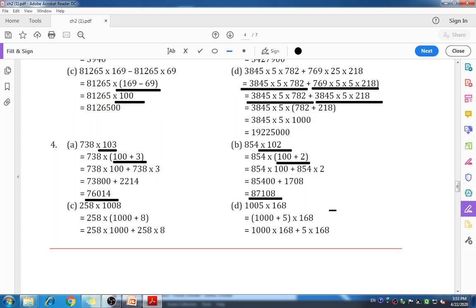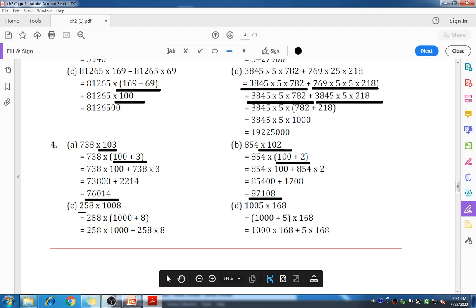And now C and D, you have to solve these examples yourself, because the answers are there, but try to understand both examples yourself, and if you have any query you can ask me in the comment box, or you can ask me when school reopens. Okay, this is C, that is 258 into 1008, and D is 1005 into 168.